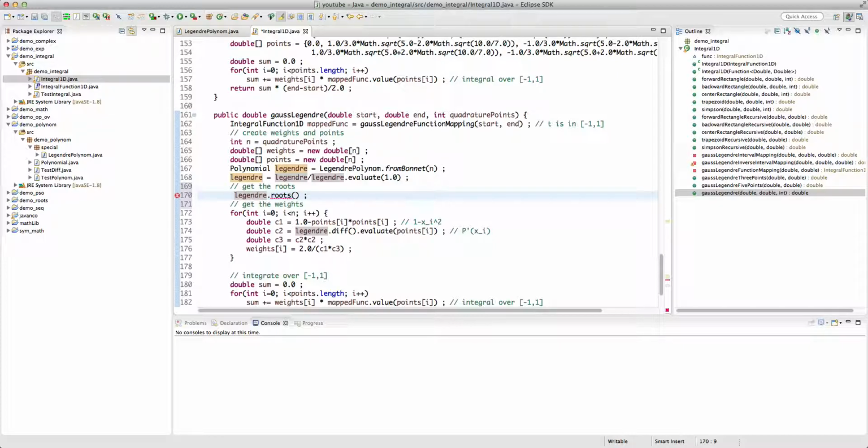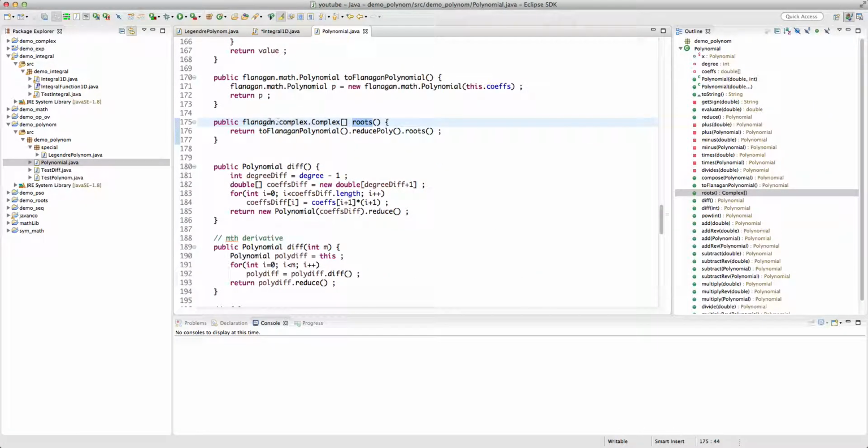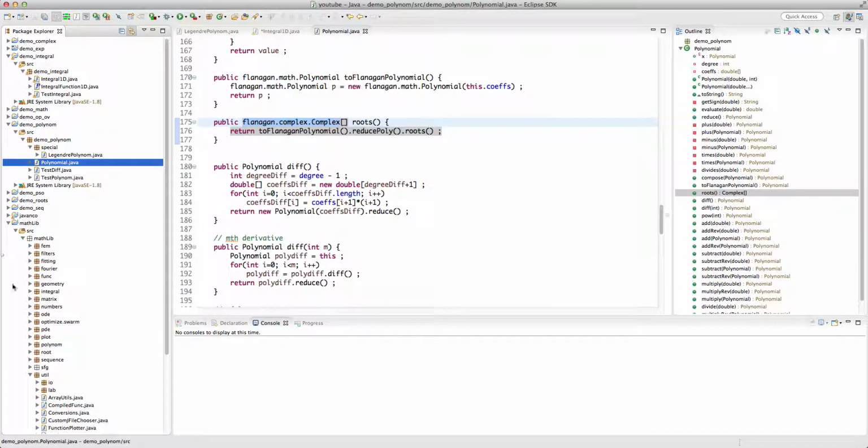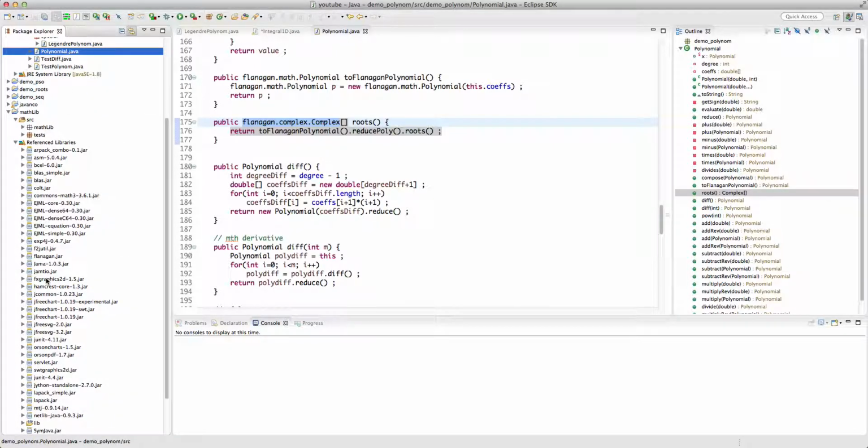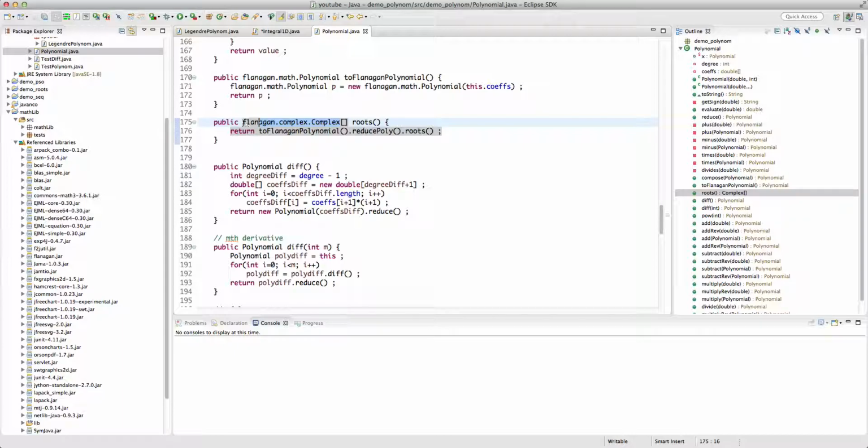So let's go back to this method. It has the complex type from the Flanagan package, which is in our mathlib. In one of the reference libraries, we have this Flanagan here. So I'm just going to use this.